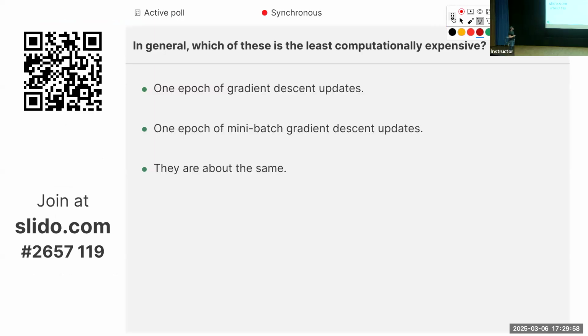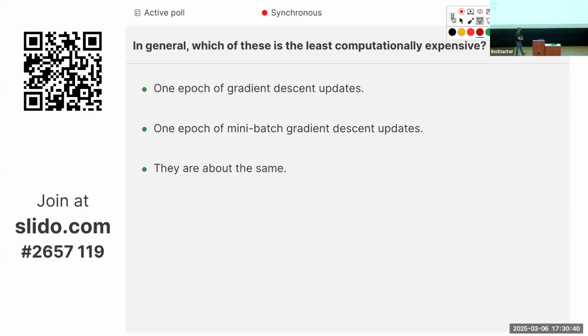Let's do another one. Which of these is the least computationally expensive? One epoch of gradient descent or one epoch of mini batch gradient descent? A little trickier. What is an epoch?